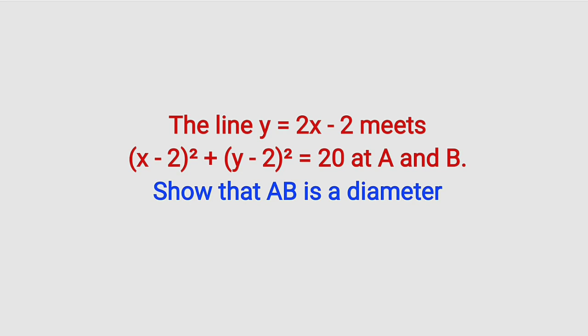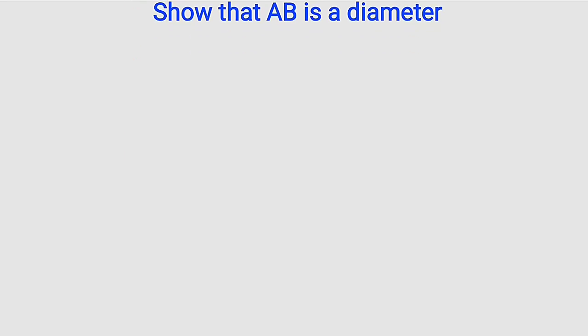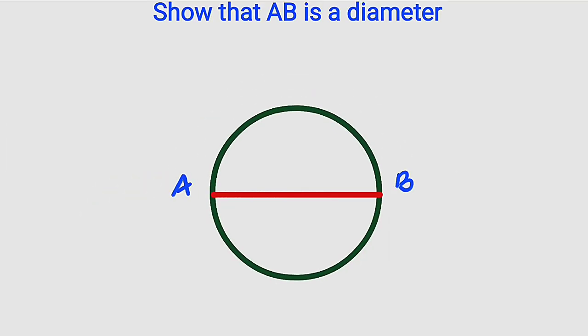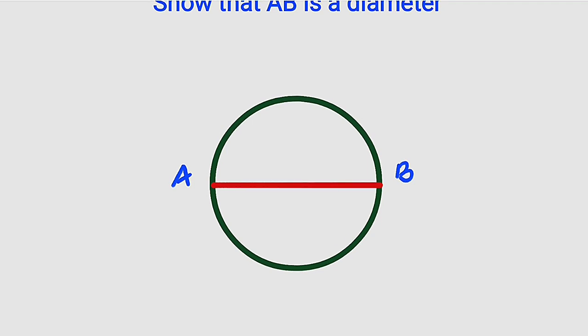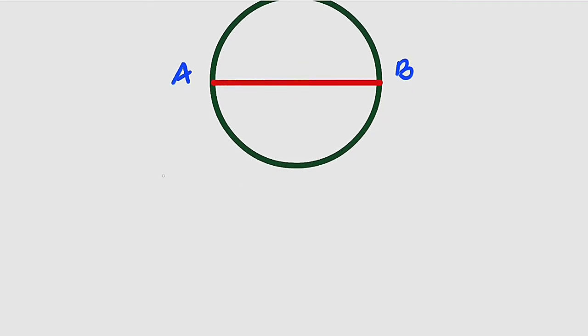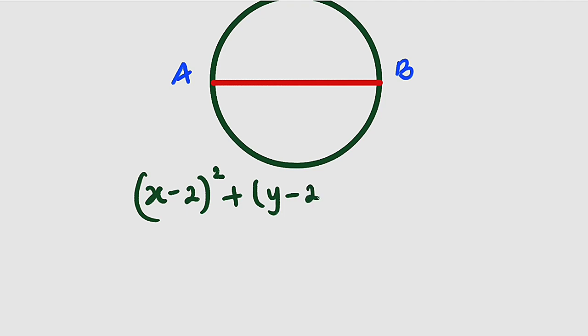Alright, let me start by drawing a circle and its diameter. So we have a circle here and its diameter AB. Remember, the equation of this circle is (x minus 2) whole squared plus (y minus 2) whole squared equals 20.